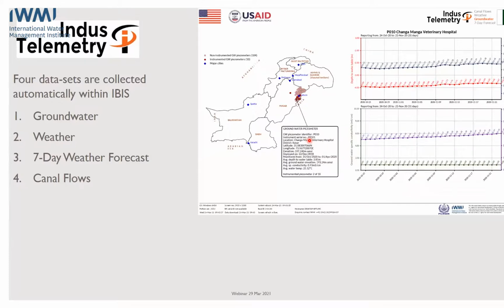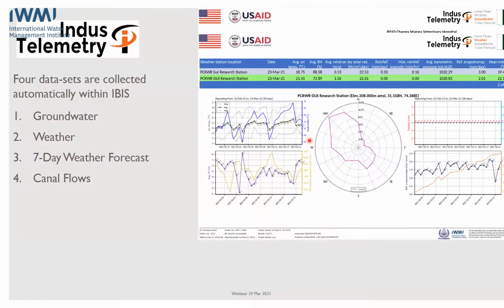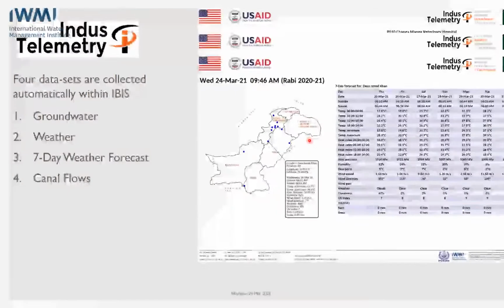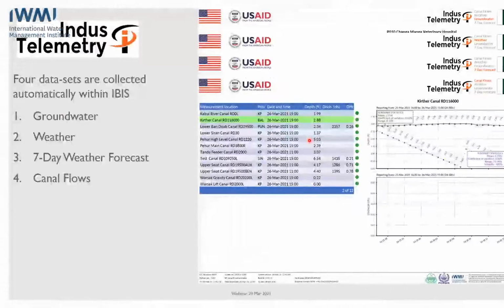It's a popular method to install these screens. I will go into details of what data is displayed on these screens when I talk in more detail about the technologies of groundwater monitoring, weather monitoring, and so on. So this is just a glimpse of the 4 types of water monitoring we are covering under Indus Telemetry.